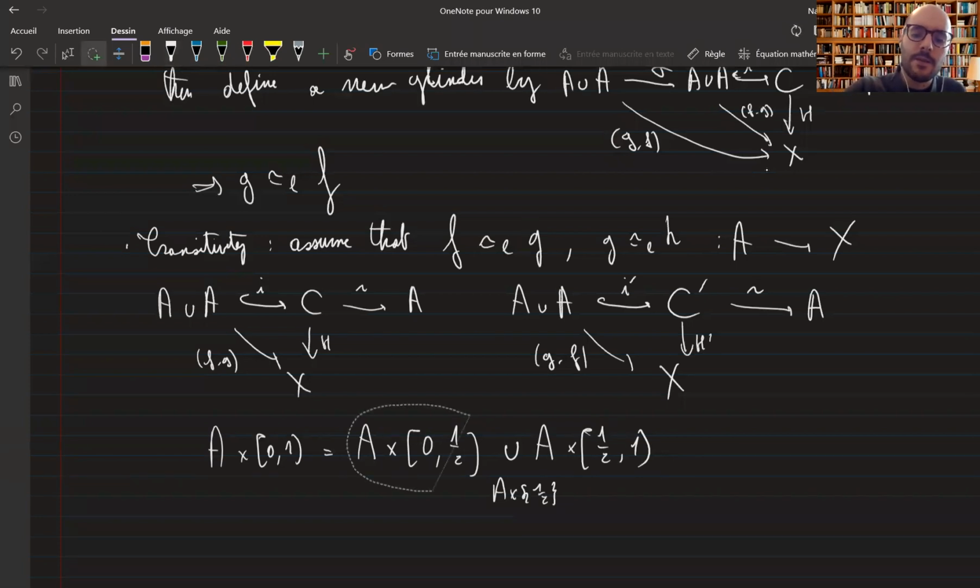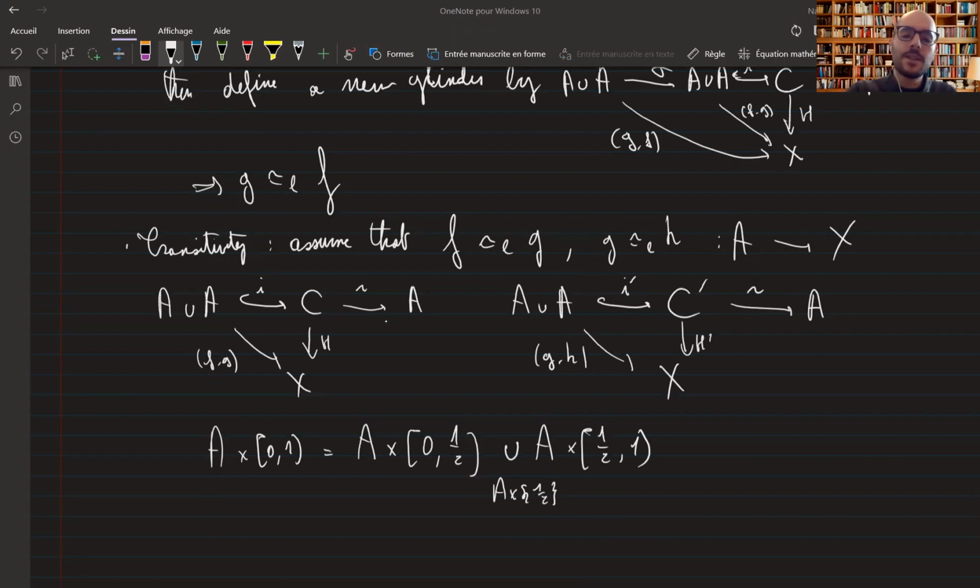This is a cylinder and this is a cylinder. And so you glue the two homotopies, and at the first part you have F, the last part you have H, and they agree on the middle because it's a homotopy between G and G. Oh, yes, you are right. This part here should not have been F, it should have been H. Sorry about that.